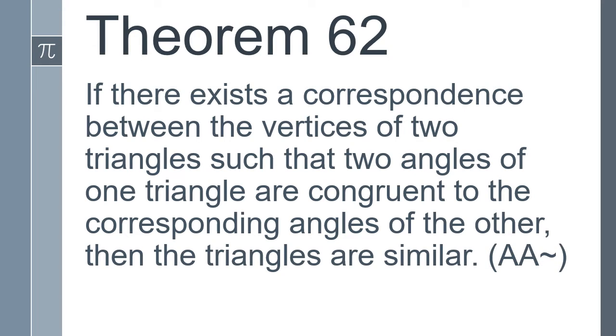If there exists a correspondence between the vertices of two triangles such that two angles of one triangle are congruent to the corresponding angles of the other, then the triangles are similar. We call that angle similarity. This is due to the third angle theorem: we can ascertain that when two angles of one triangle are congruent to two angles of another, then the third pair of angles are congruent.